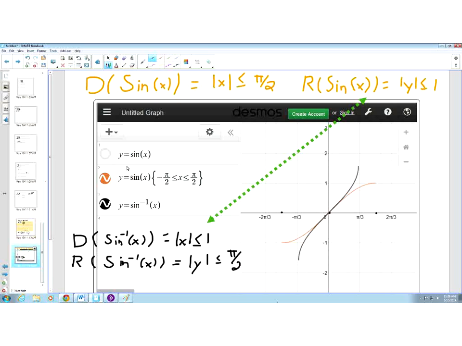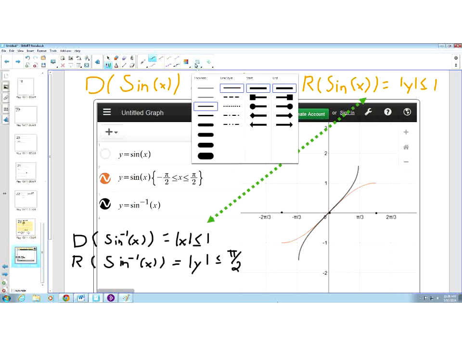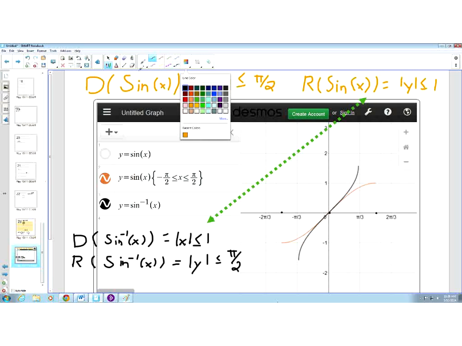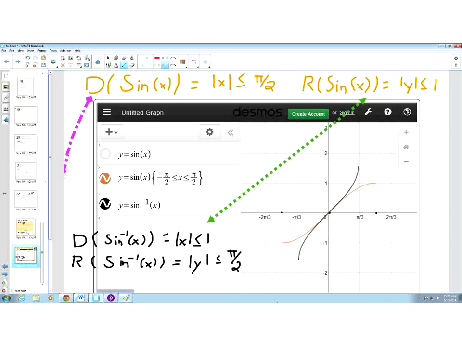I flipped the domain and the range on the inverse calculation. See right here, I flipped the two, and let's do some point calculation.